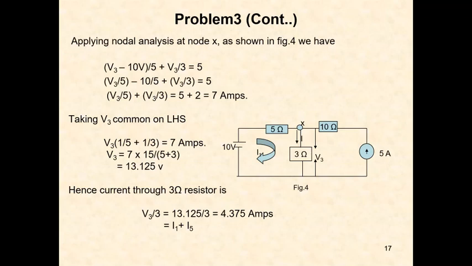By applying the superposition theorem also we are getting 4.375, that is I1 plus I5. By directly applying nodal voltage analysis also we are getting the current flowing through the 3 ohm resistor as 4.375, and by applying the superposition theorem also we are getting 4.375.